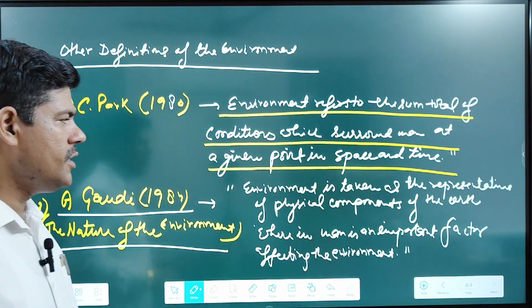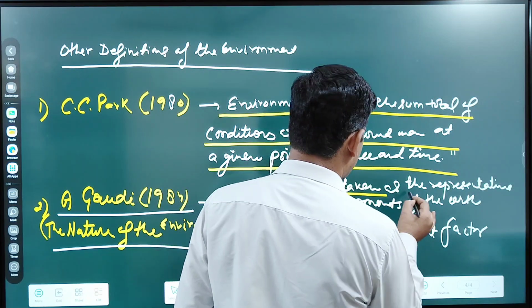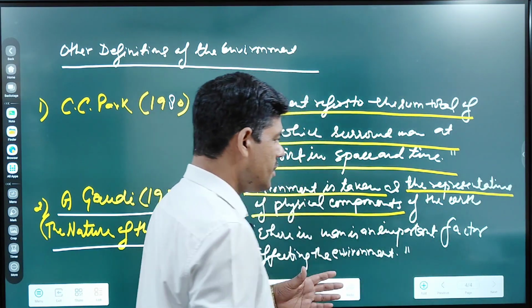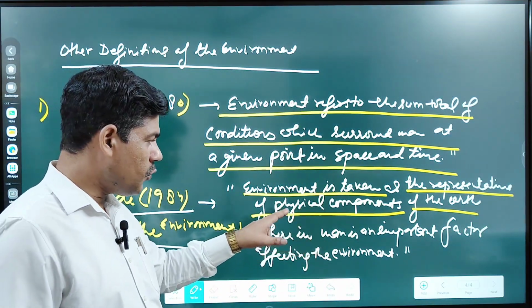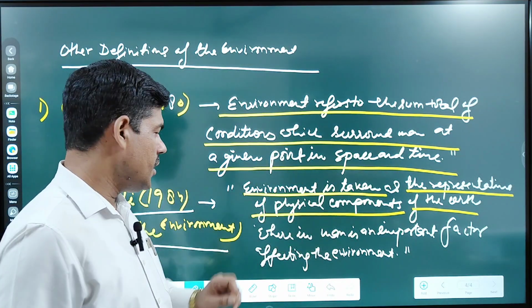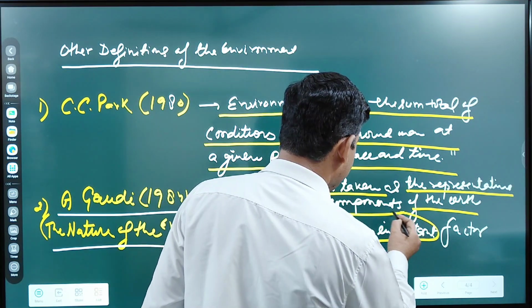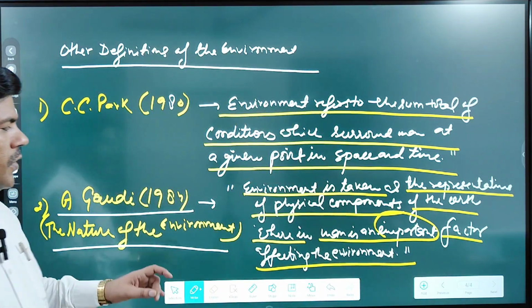So this is the complete definition. Environment is taken as the representative of physical components of the earth. He focuses on physical components, wherein man is an important factor affecting the environment.